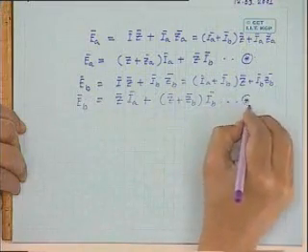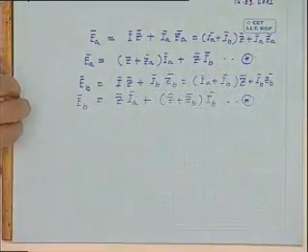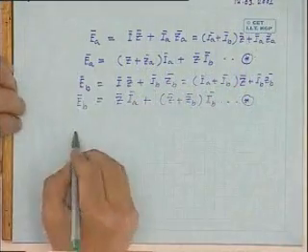Therefore, from these two equations, IA bar and IB bar can be calculated in this way.